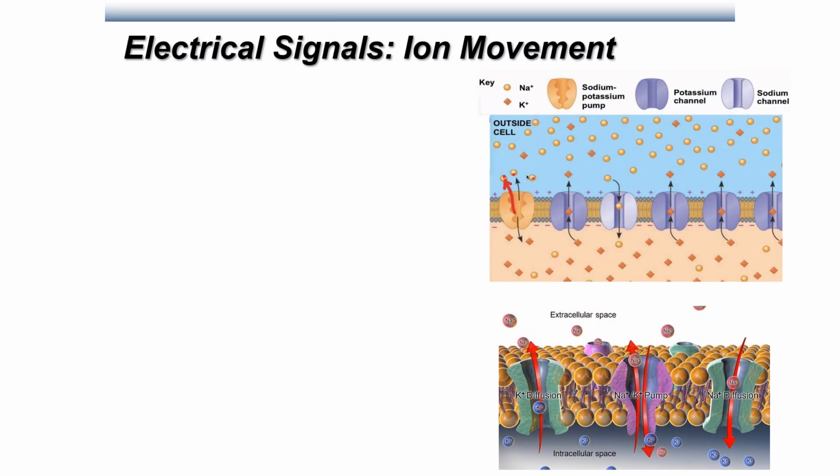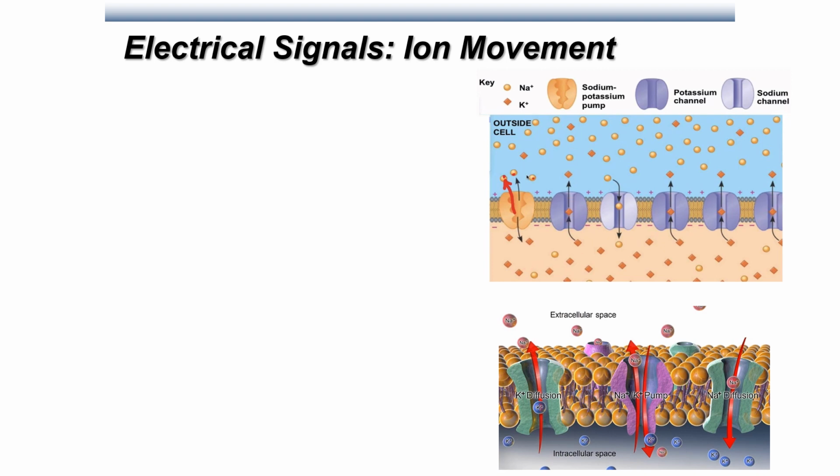So the electrical signals that neurons send are dependent on how the ions move, or sometimes don't move. When we have resting membrane potential, we're certainly pumping sodiums out and potassiums in, and you can see the darker purples here. That's because we have more potassium leak channels than sodium channels.